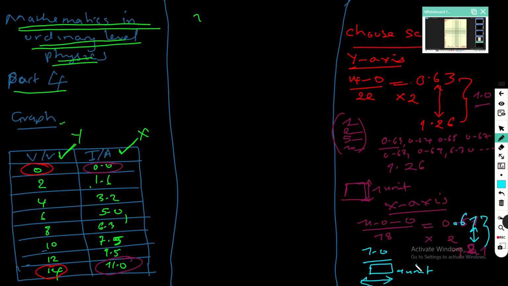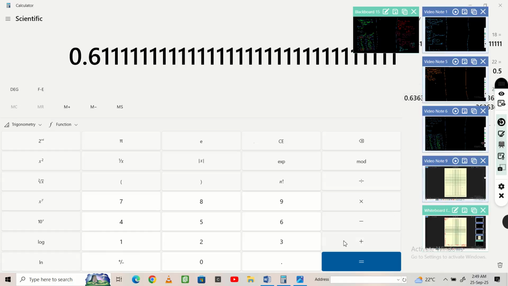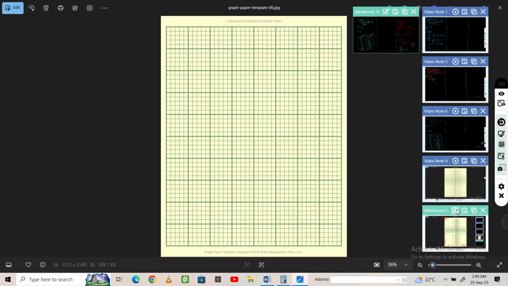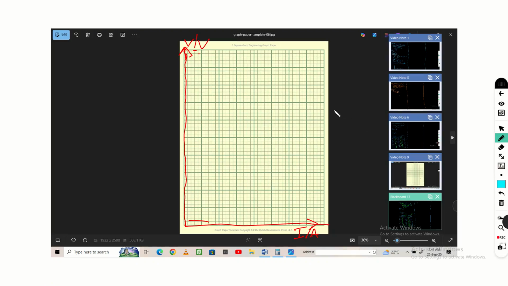So if we go back to our graph, this is how we're going to plot it.